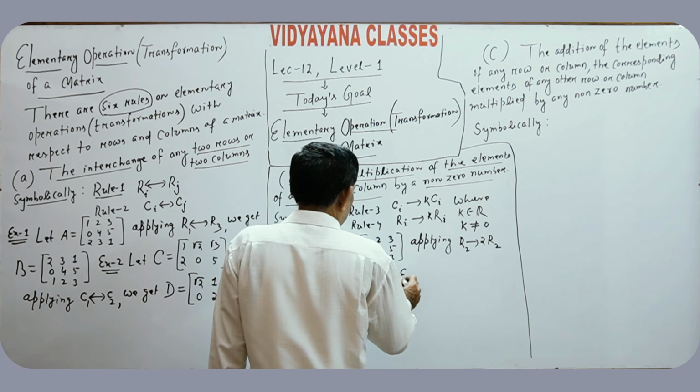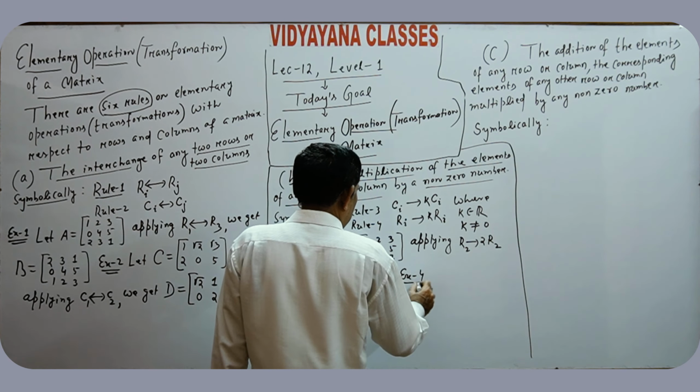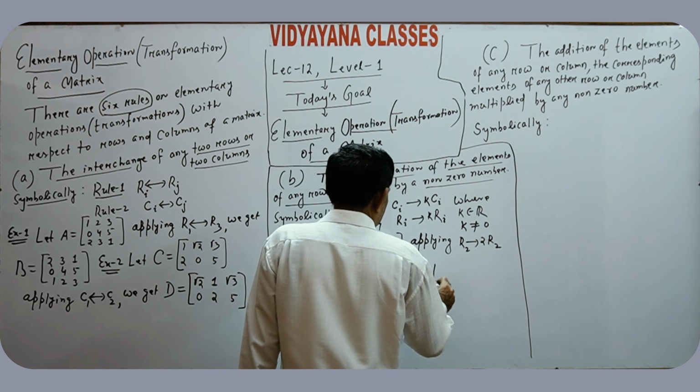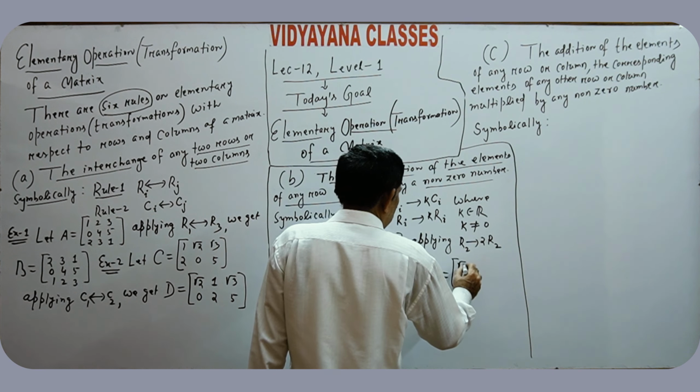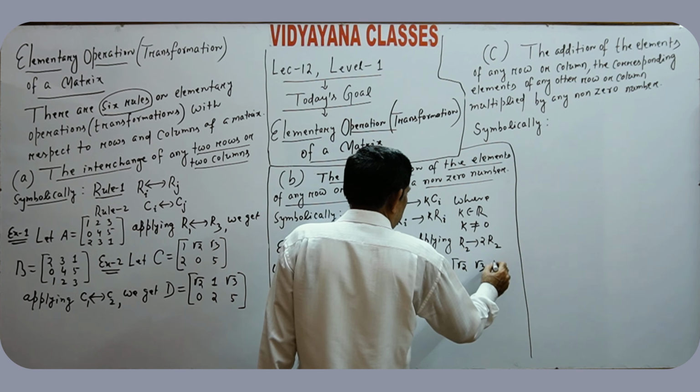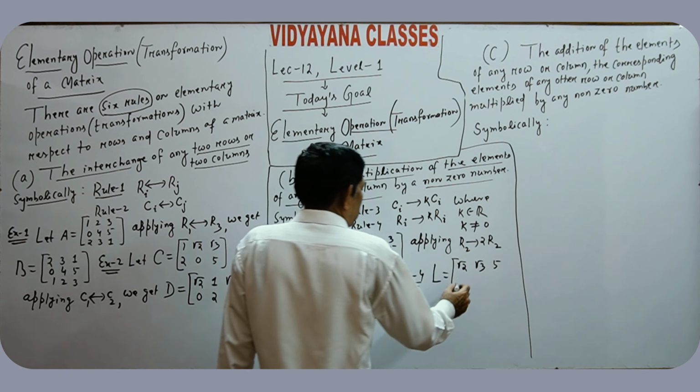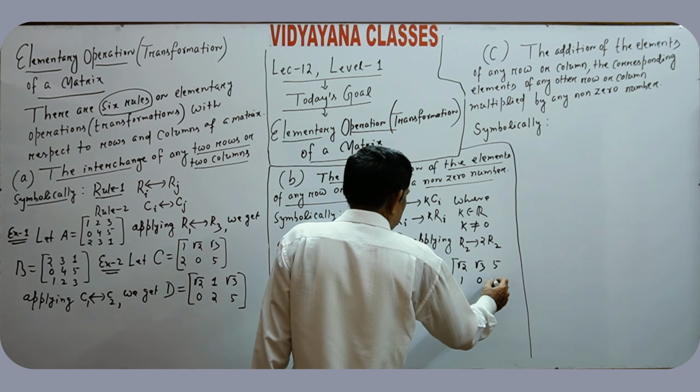Example 4. Let L be the matrix having elements root 2, root 3, 5, 1, 0, minus 1.